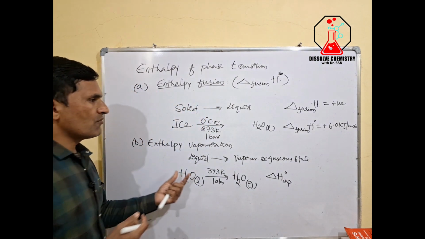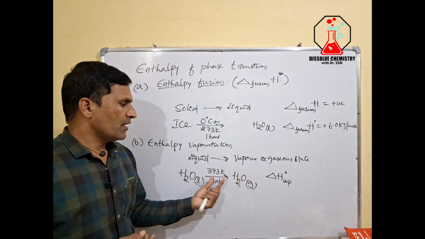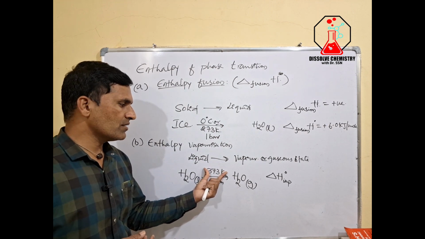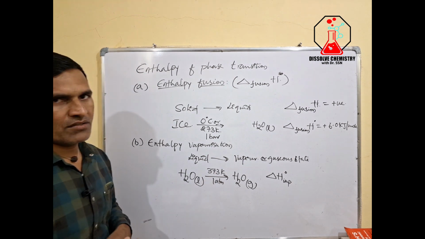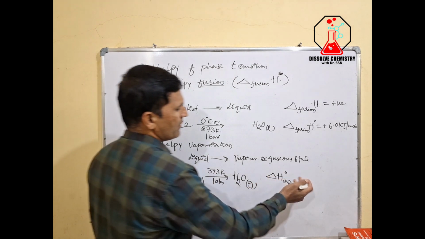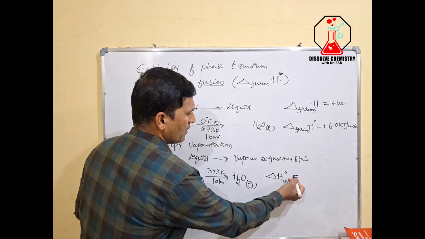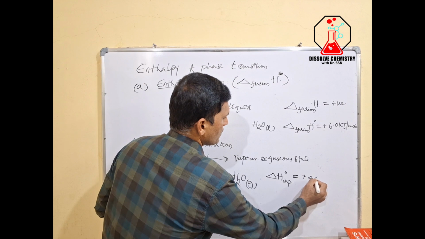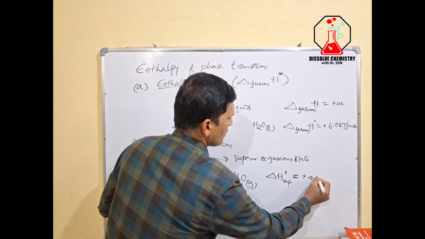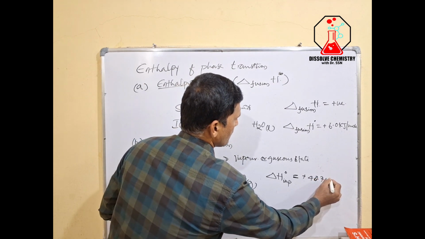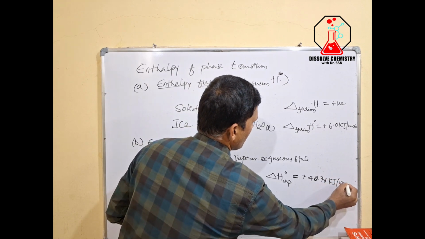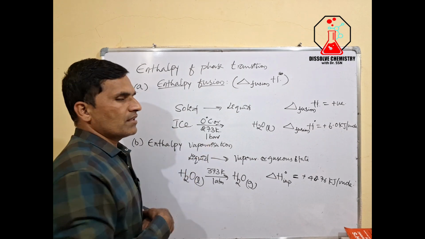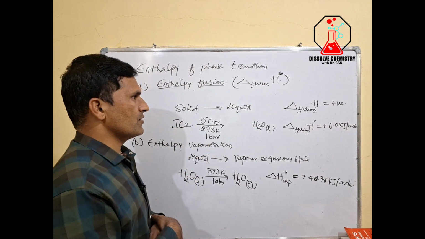For 1 mole, at standard conditions, that is 373 Kelvin, its boiling temperature, and 1 atmosphere, both constant, the standard enthalpy of vaporization equals plus 40.76 kilojoules per mole. This is what we call the enthalpy of vaporization.